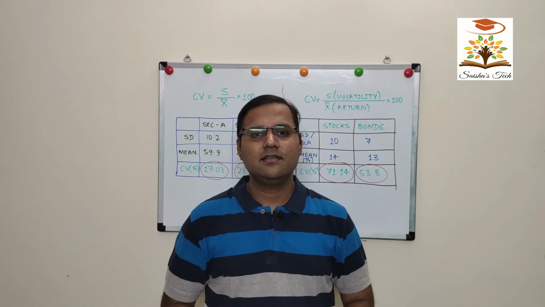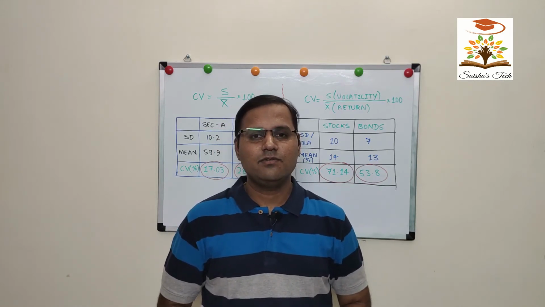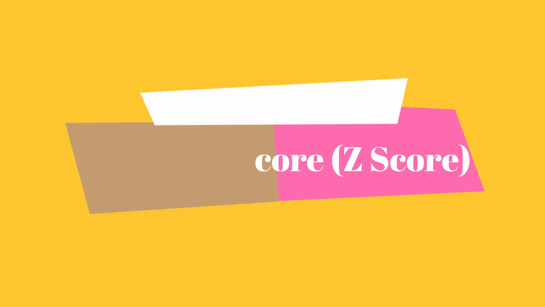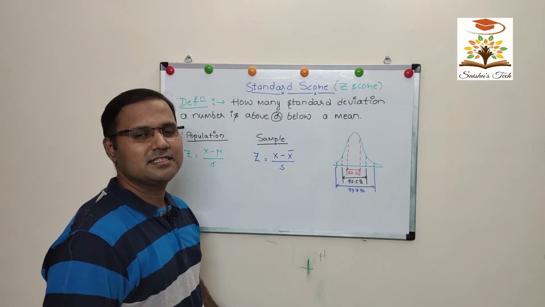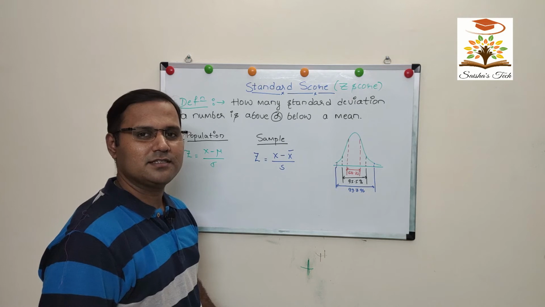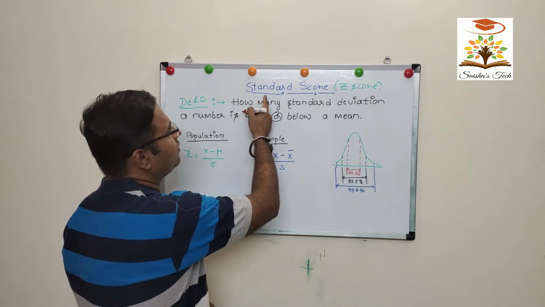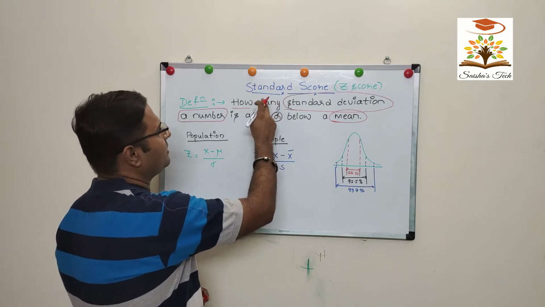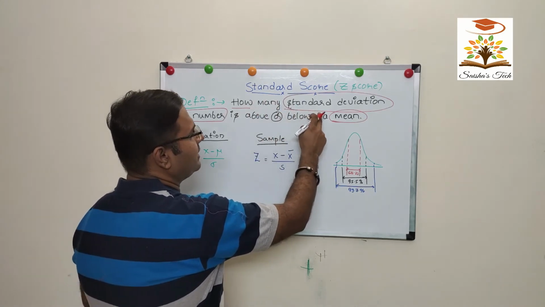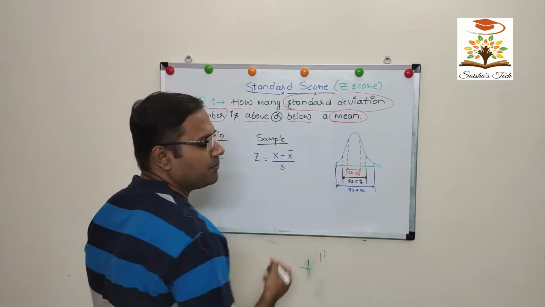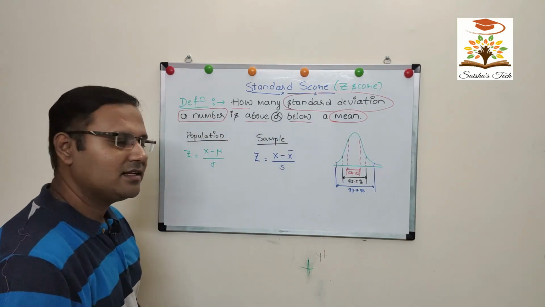Now, let us understand the statistical concept of standard score, that is Z-score. Let us understand the standard score definition and the formula utilized to calculate it. Standard score provides us the information on how many standard deviations a number is above or below the mean.